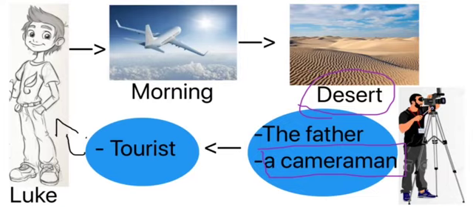You can tell the meaning of cameraman from the picture. What's the meaning of cameraman? مصور. Excellent. He is a cameraman in this country. In your story, they did not tell us which country this is, they only told us that it is full of deserts. So Luke is a tourist in this country. Remember this.